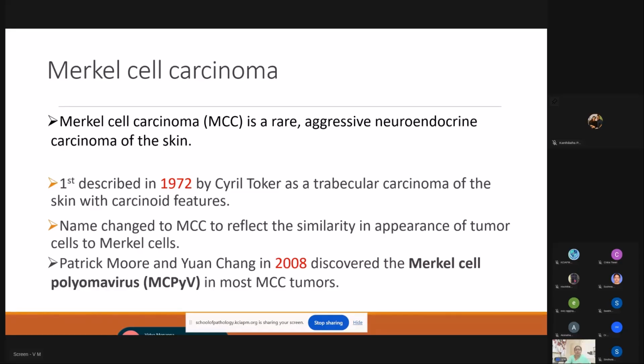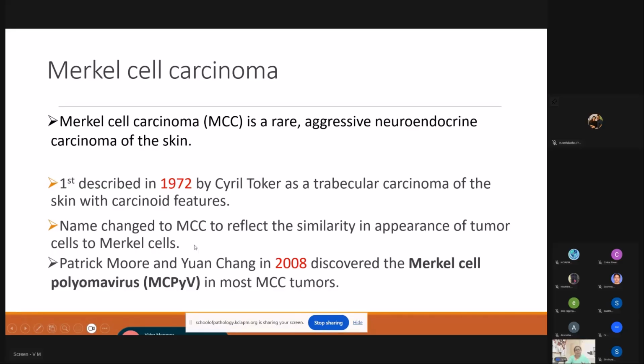Now, Merkel cell carcinomas are rare, aggressive neuroendocrine carcinomas of the skin, first described in 1972 by Cyril Toker, where he called it a trabecular carcinoma with carcinoid features. Later on, they found that the cells in this tumor had features which resemble Merkel cells, and that is how the name Merkel cell carcinoma came into being.